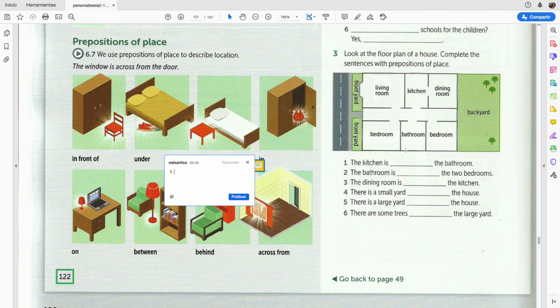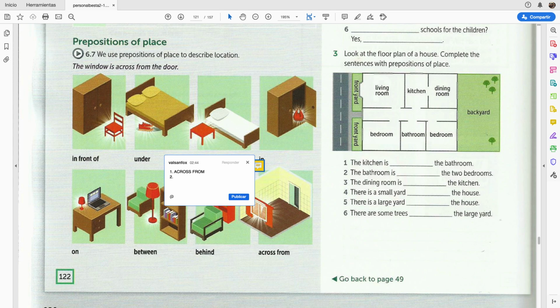So there I think that we can say across from or in front of. Across from, yes, because the kitchen and the bathroom face to face. Across from.